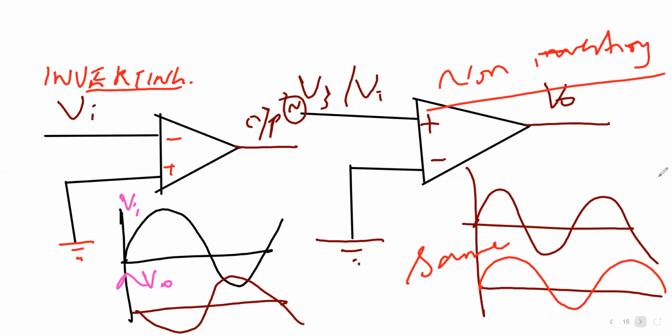Now coming to the inverting amplifier. Is this my inverting amplifier? Non-inverting amplifier, you know what it is, right? The negative is connected to earth. Now there is something called a voltage follower. I'll draw it neatly so that it will be interesting for you to learn.